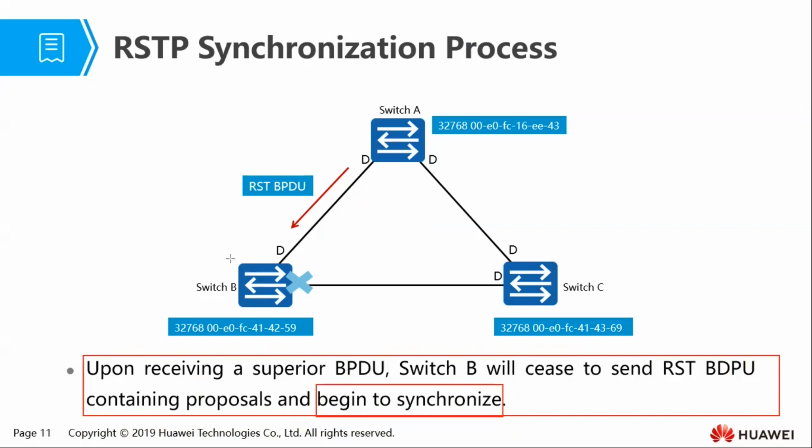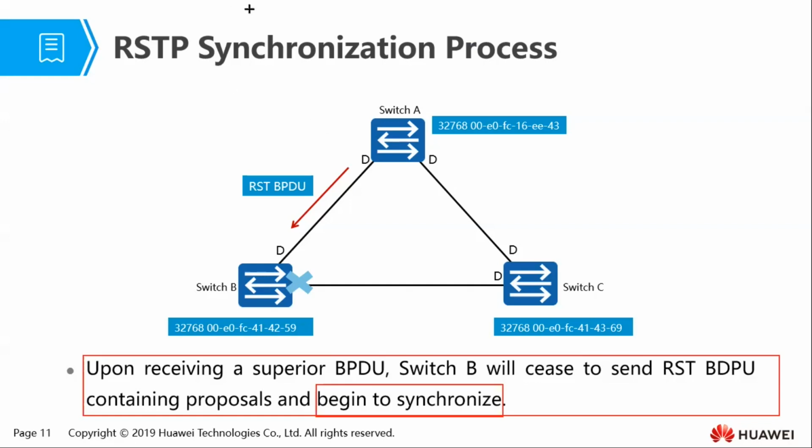So synchronization is determined after receiving a superior BPDU. After getting the superior BPDU, the first thing you must do is to set all the downstream designated ports to discarding. So that is what happens during the synchronization process.